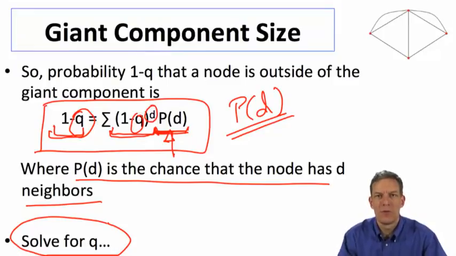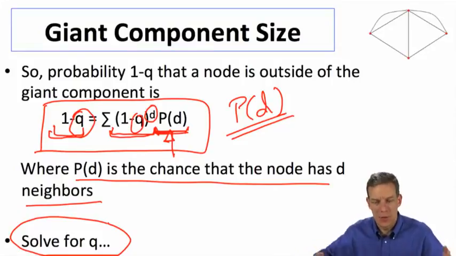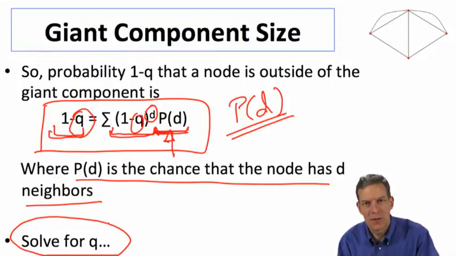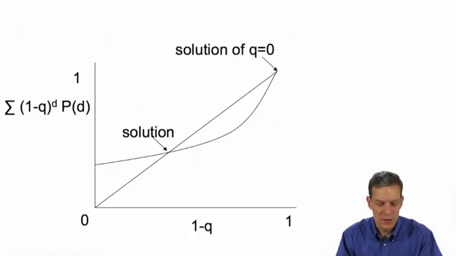So one possibility is we assume everybody's outside the giant component, and then everybody ends up outside the giant component because all their neighbors are. That's a nonsensical solution in a lot of situations. So the one we want to solve for is going to be the one where there's a positive solution to this equation.